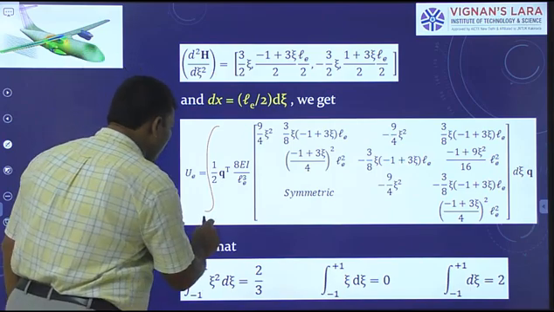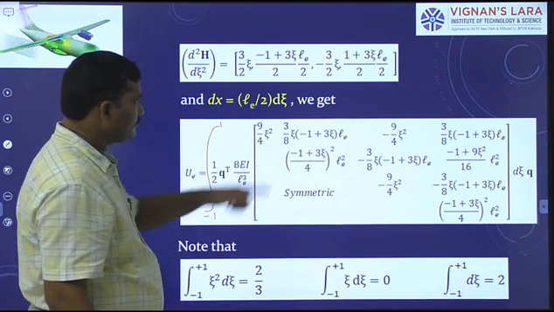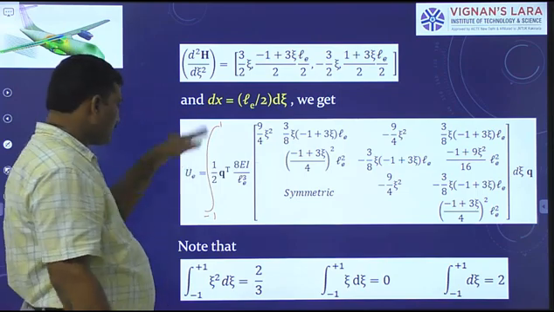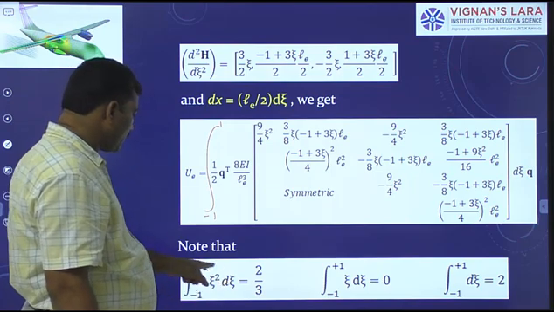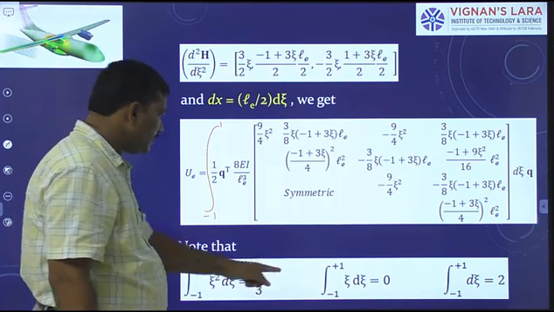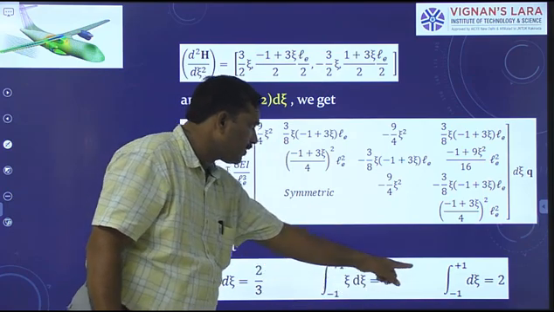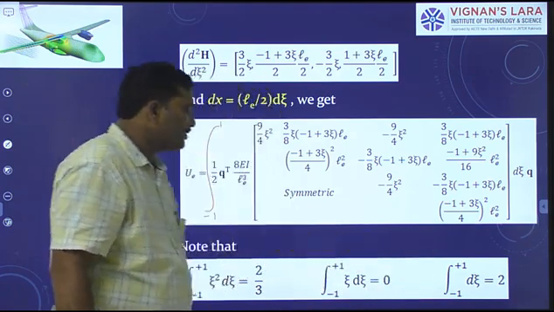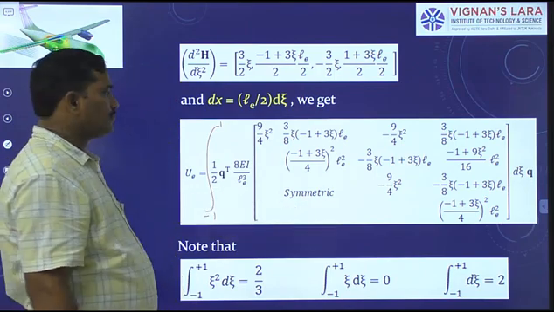As xi varies from -1 to +1, this was missing. So the integral of xi square dxi as xi varies from -1 to +1 is 2 by 3. The integral of xi dxi as xi varies from -1 to +1 is 0. The integral of dxi from -1 to +1 equals 2.